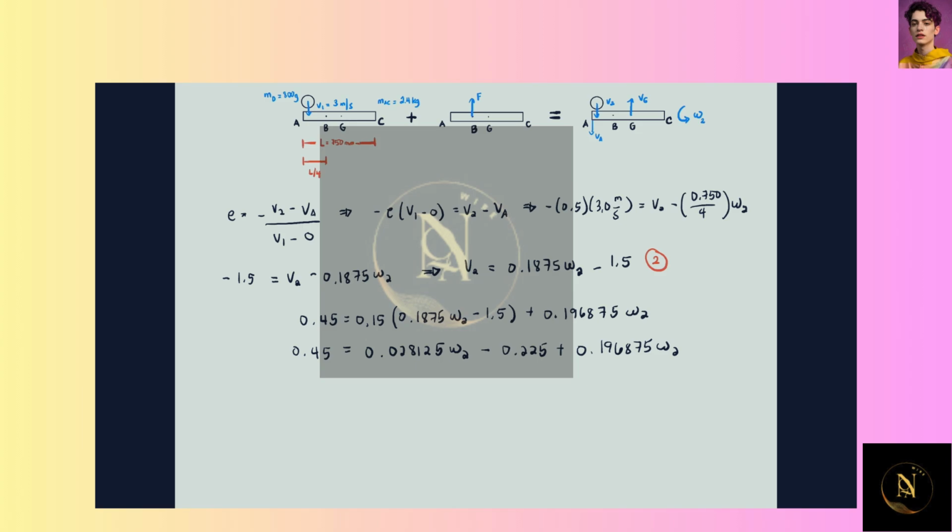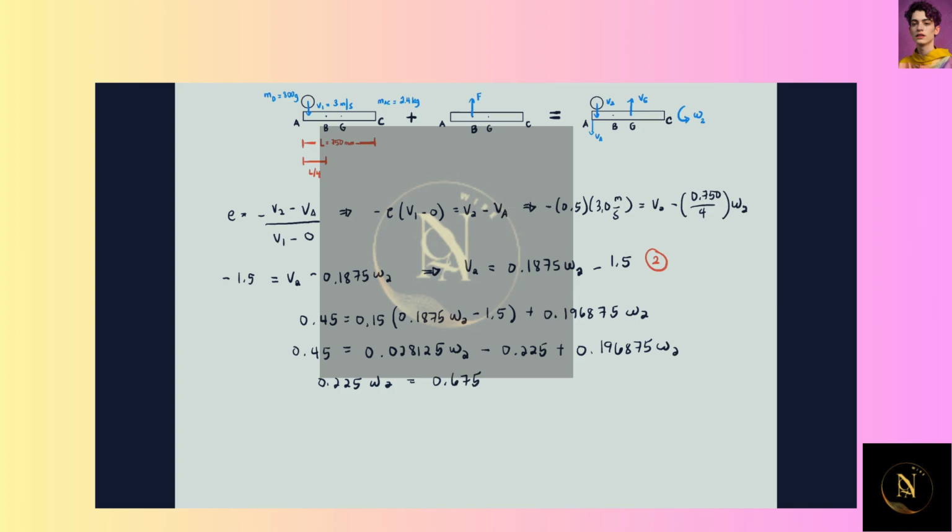Combining the terms with omega 2 and transposing negative 0.225 to the other side, we'll have 0.225 omega 2 equals 0.675.